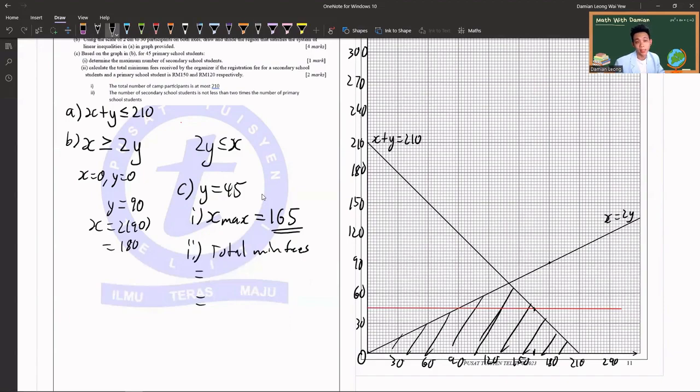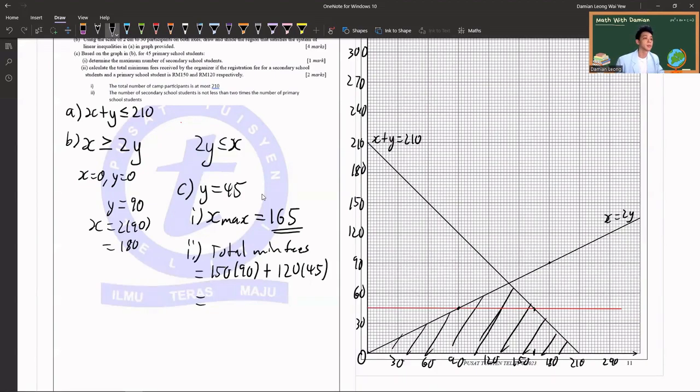So it should be the lowest number of secondary students. So in other words, is 150 times 90 secondary students and 45 primary students times 120 ringgit.